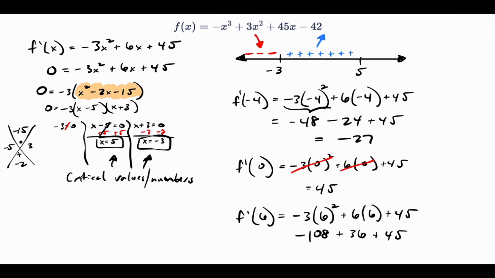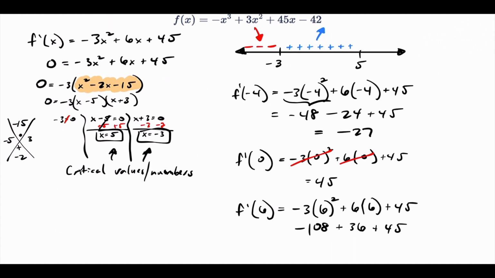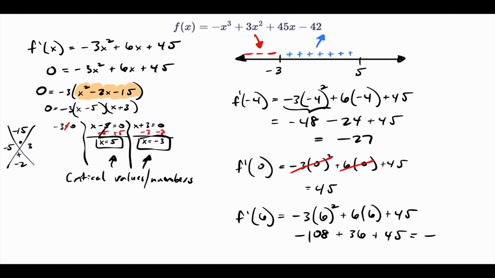That's not going to be big enough to make negative 108 negative or positive. So we're going to get a negative number. Negative 27, I think it is.